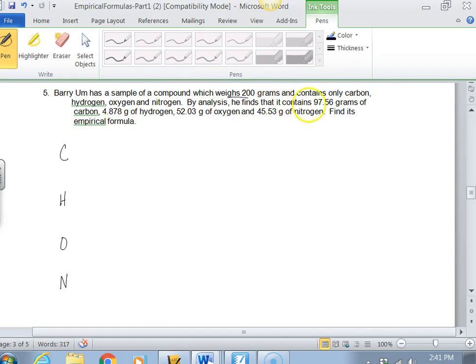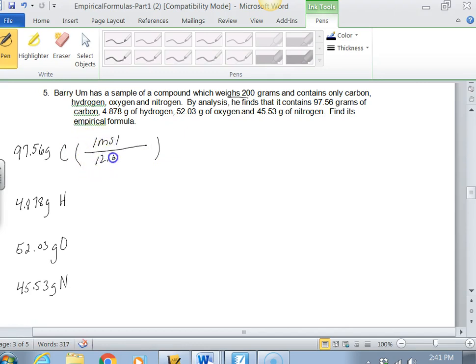By analysis, he finds 97.56 grams of carbon, 4.878 grams of hydrogen, 52.03 grams of oxygen, and 45.53 grams of nitrogen. We have masses, so we convert straight to moles.